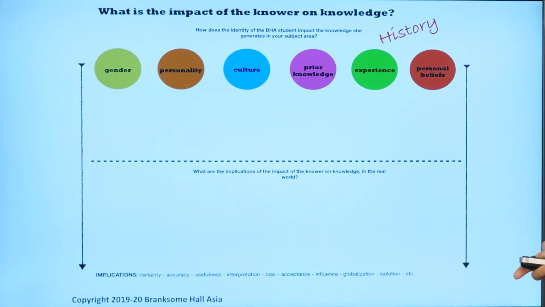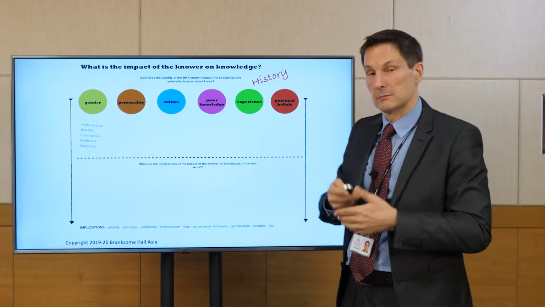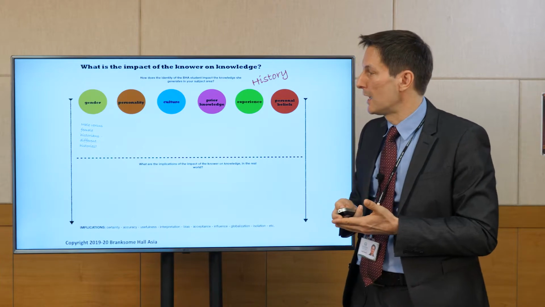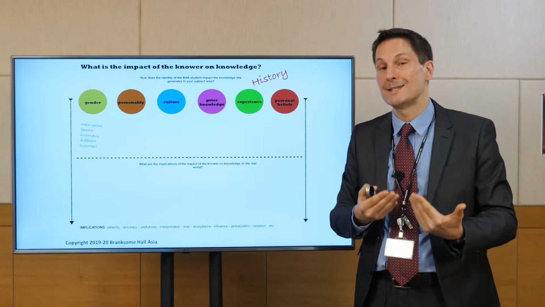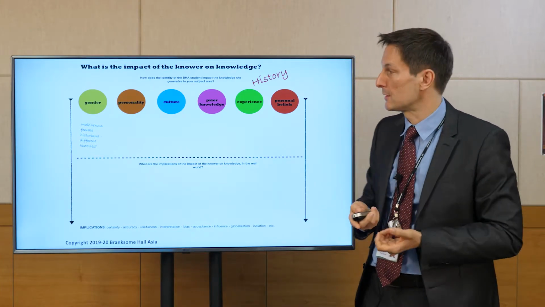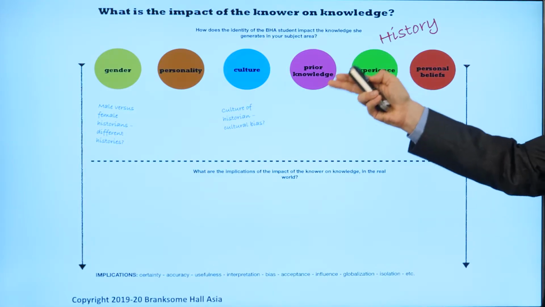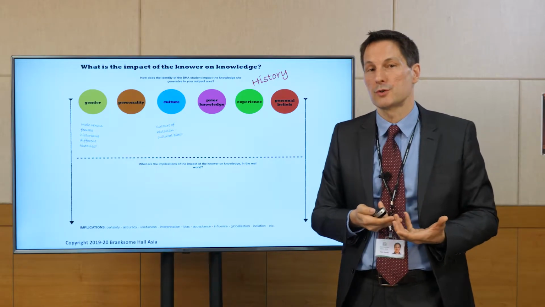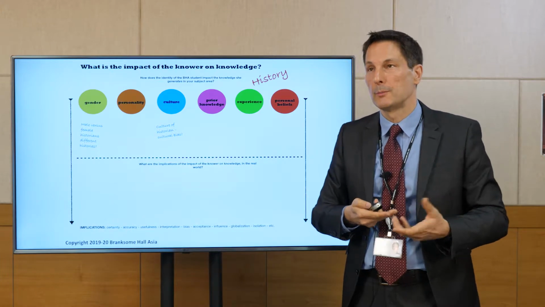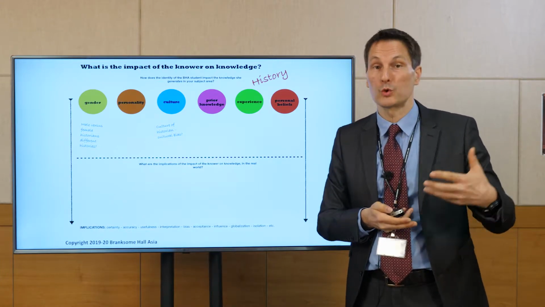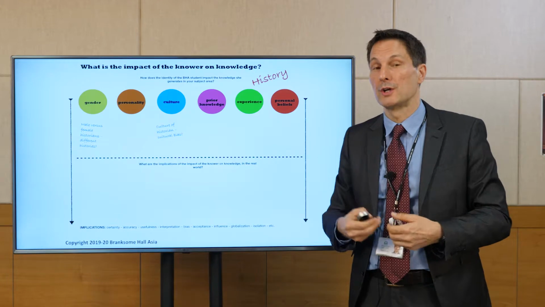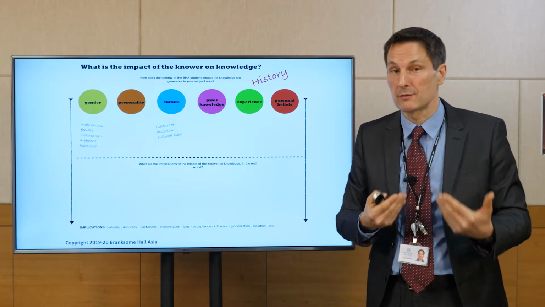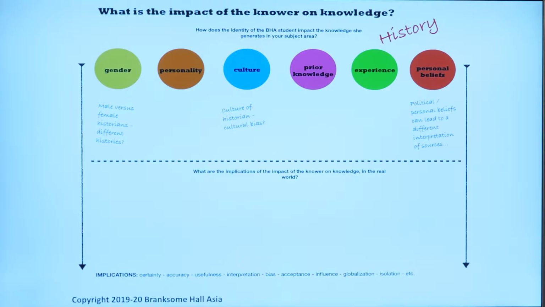And just to give you an example of this, taking history as an area of knowledge, we could say, for example, that there are male historians and female historians, and perhaps they actually have different ideas about history just because of their gender. In terms of culture, does the culture of the historian have an impact on perhaps the level of bias they might have towards one nation or towards another culture, and would that affect the way they write the history?